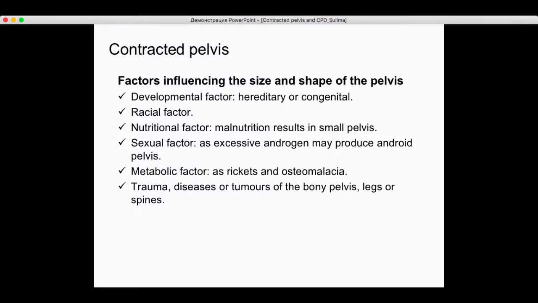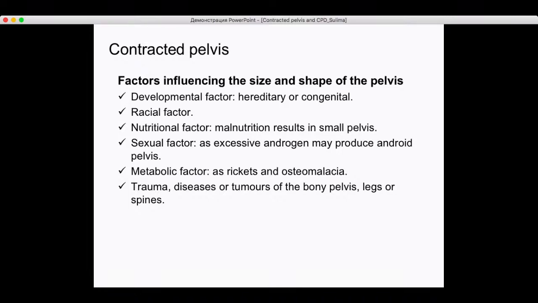Of course, the sexual factor or hormonal disorders, as excessive androgen may produce an android pelvis. For example, women with PCOS or women with suprarenal gland pathology: when there is excessive production of androgens, they have changes in the shape of the pelvis and they have an android pelvis.